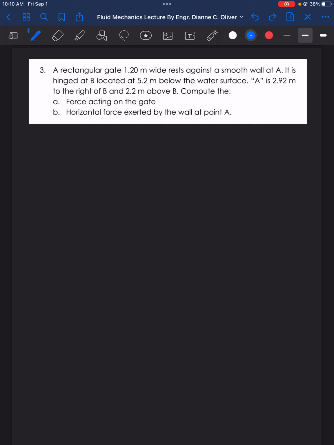So if this is your water surface, your point B is located 5.2 meters below the water surface. And then, so let's put there B.